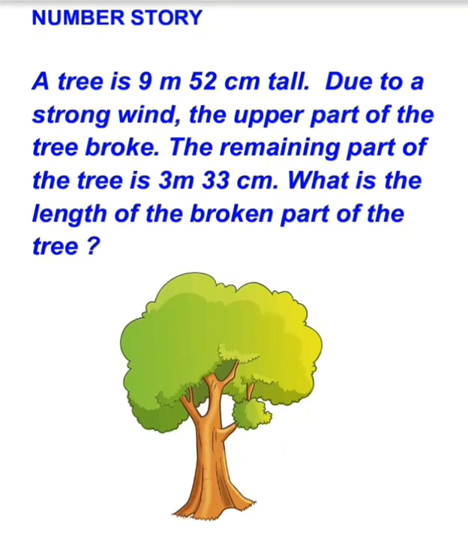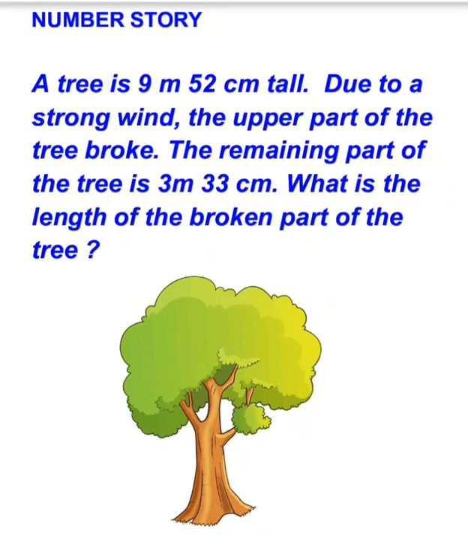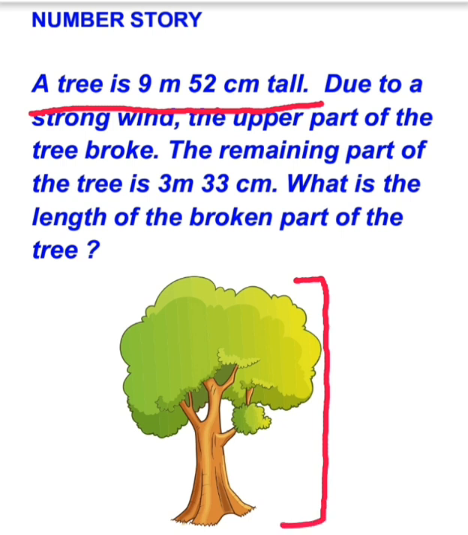Now children, let us try to find out the given information in the question. So here in the question it is given, a tree is 9 meter 52 centimeter tall. That means the total length of the tree is 9 meter 52 centimeters.